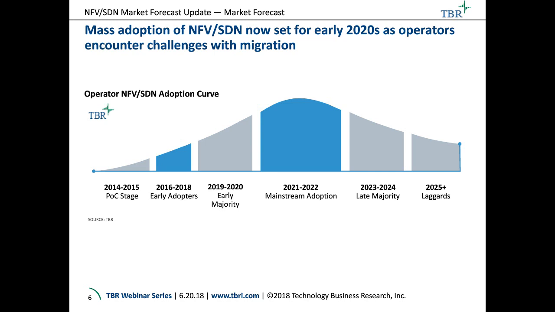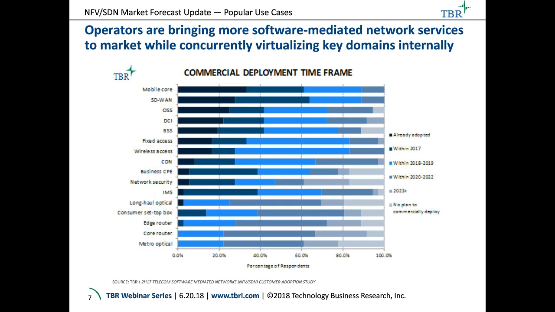Okay, so let's look at this a little bit more. So this graphic is from our customer adoption study for NFV SDN. Here we actually speak with operators, people that are qualified within the telcos about how they are deploying these technologies. So we are speaking with procurement people, people in the network planning, the architects.